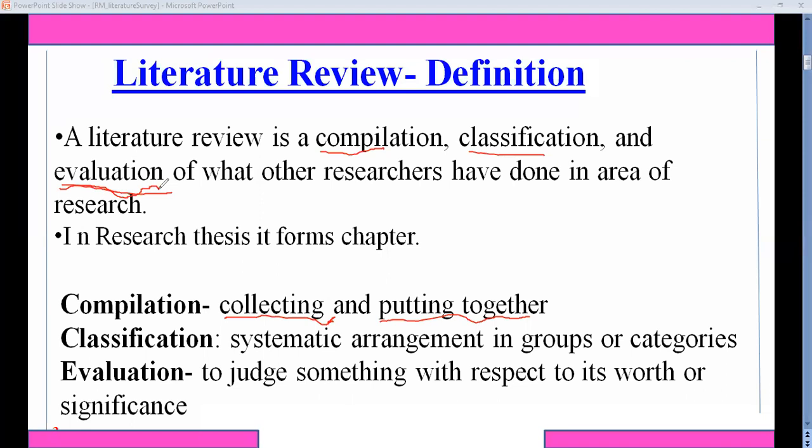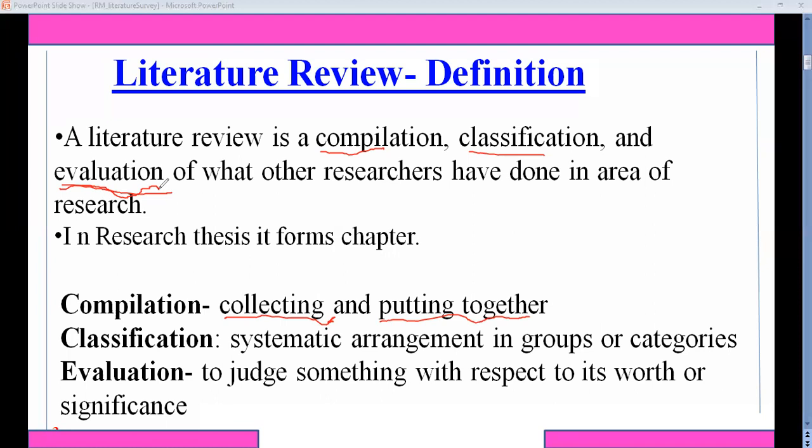Like last time I gave one assignment regarding a research problem. I am finding that many are only writing the research problem, but we also have to see whether it is limiting the scope, whether it is possible to cover in the scope from the time, money, and resources, whether you can do that.